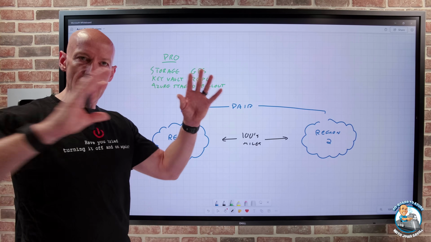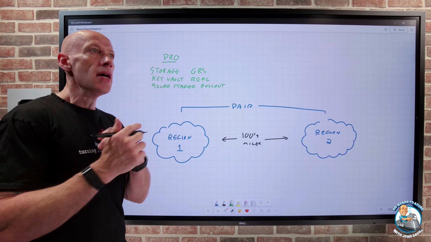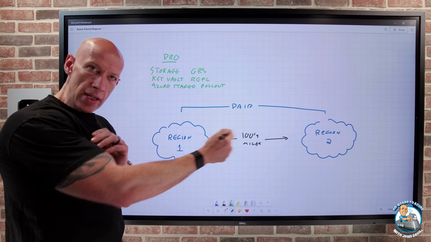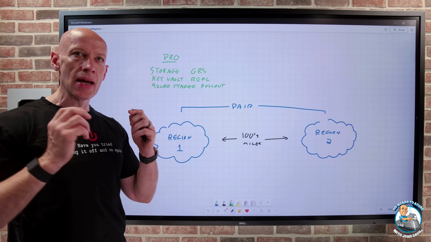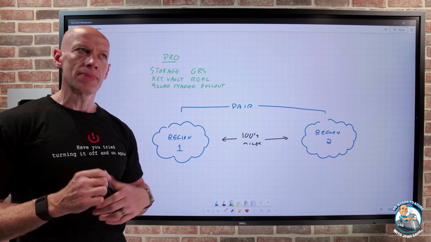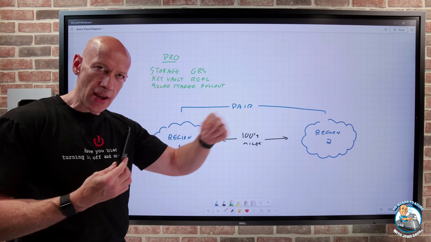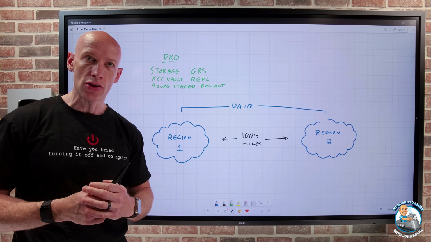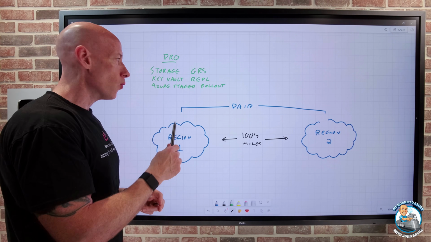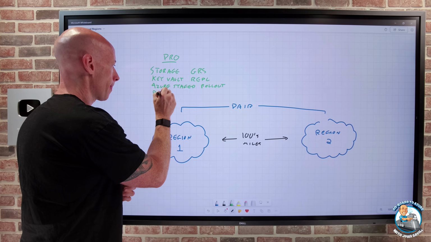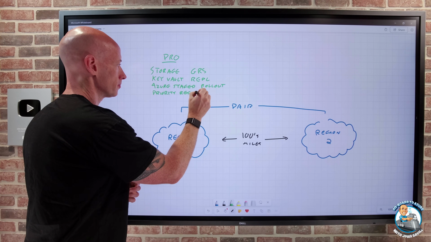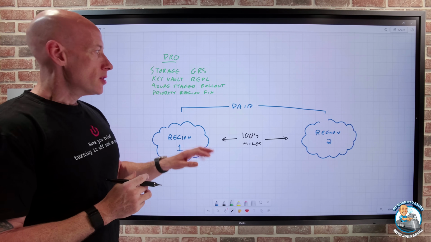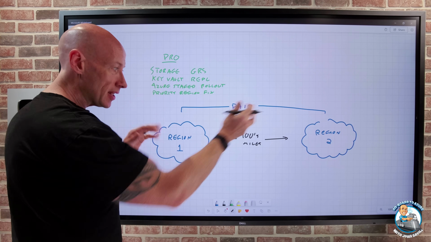So if there was some big issue that affected lots and lots of regions, they would try and prioritize one region in each pair. I've not seen that typically the way that the fixes work, that there's a certain amount of testing of it, and then it will be a much broader, very fast rollout. That is a potential that would do priority region restore. So there are benefits in using the paired region.